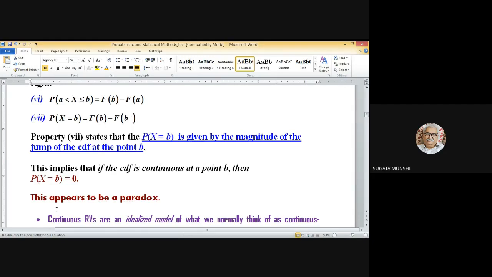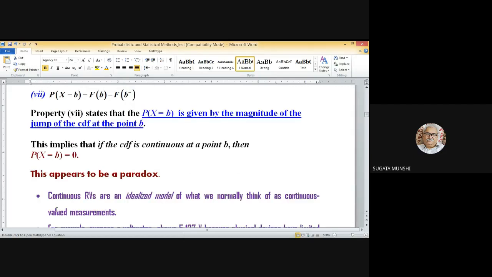Now, remember that continuous random variables are actually ideal models for what we refer to as continuous valued measurements. So these are just idealized models.